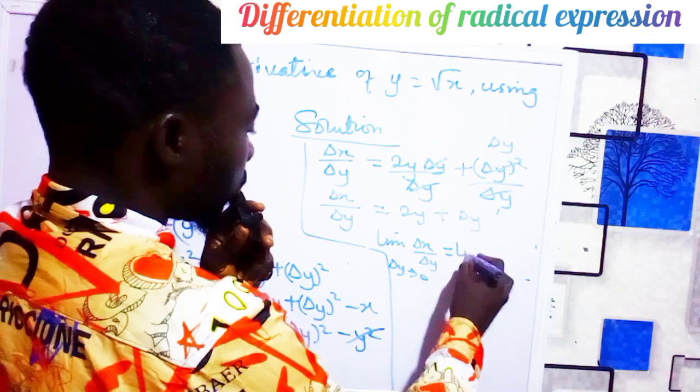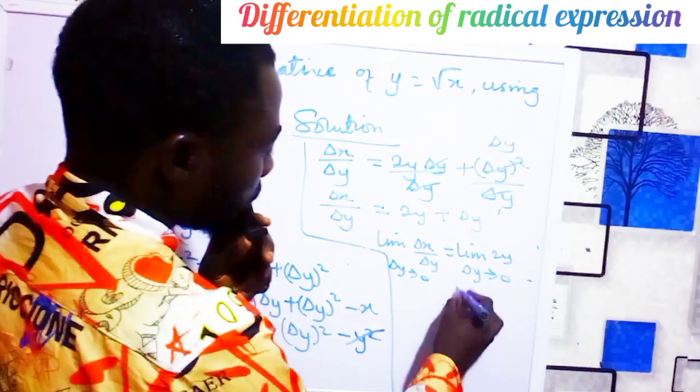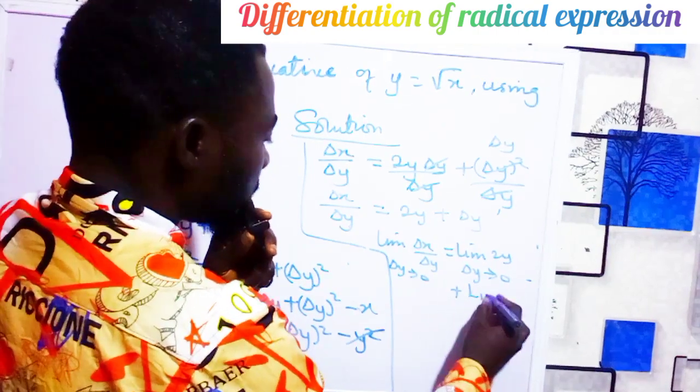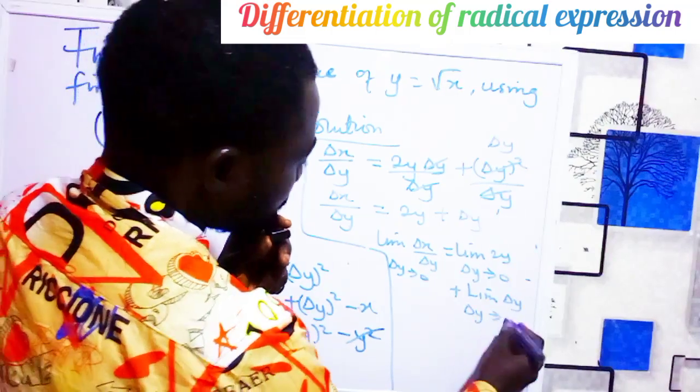Then equals 2y as delta y tends to 0 plus the limit as delta y tends to 0 of delta y.